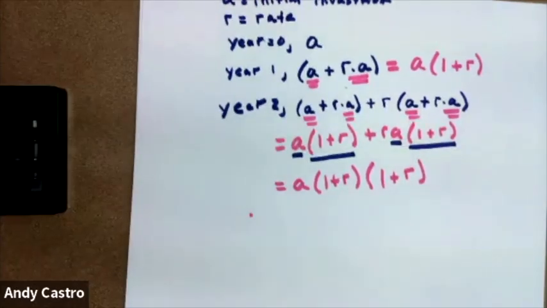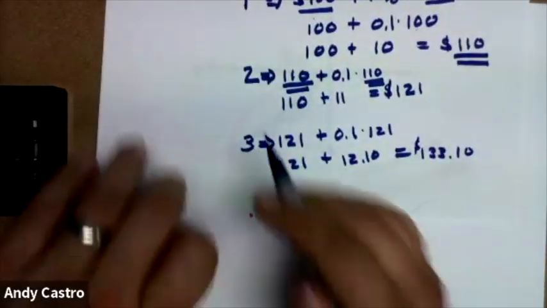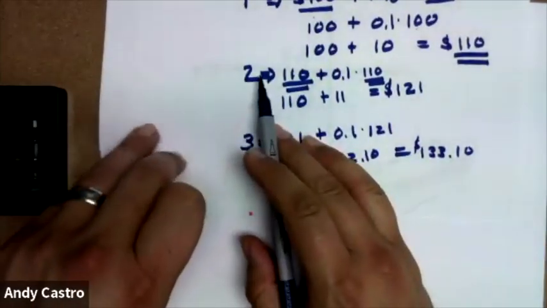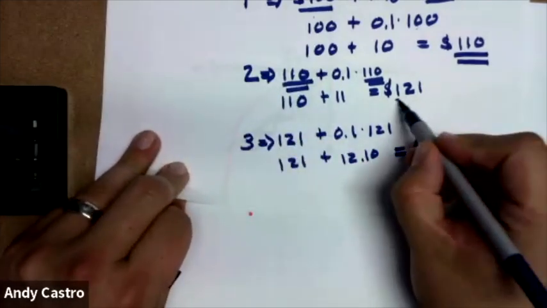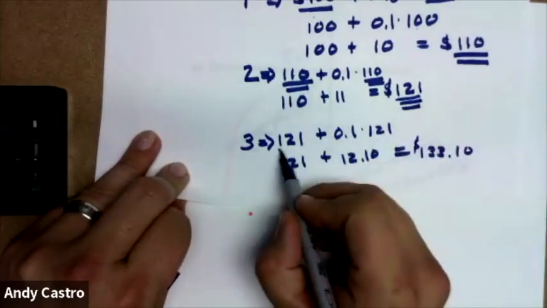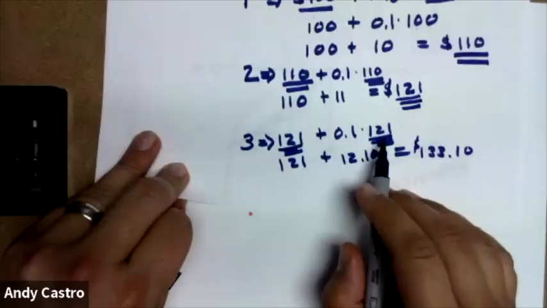Okay, so what about year 3? Let's take this another step further. So here in year 3, the final amount that exists at the end of year 2 is what is at the beginning of year 3 and what I take the 10% of.